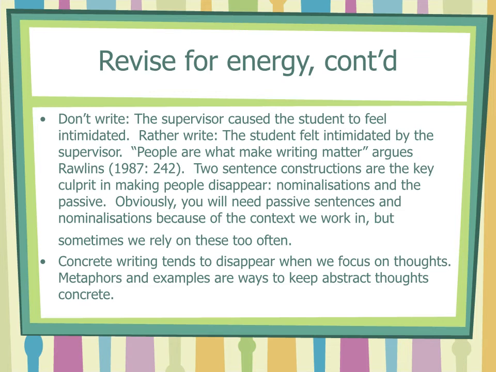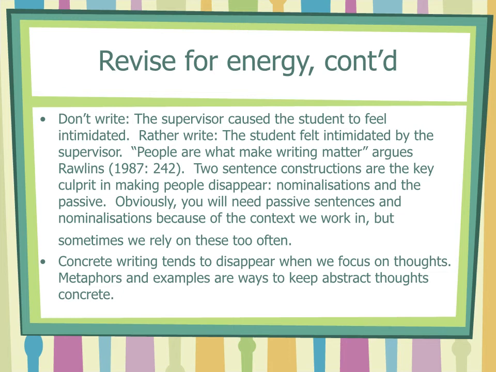Rawlings argues that people are what make writing matter. So in the passive, people disappear. Nominalizations and in the passive, people disappear. There are some times when you will need to use them, but if you can, put people in and let the writing become much more active.